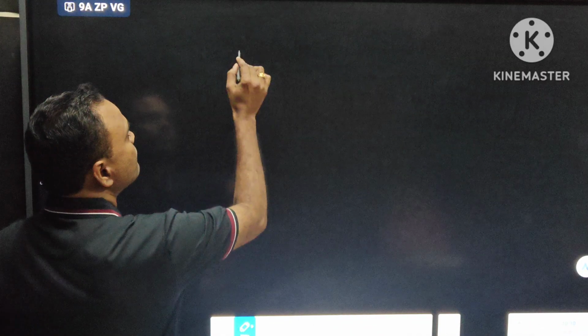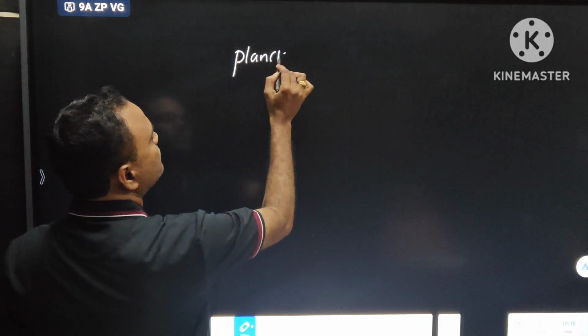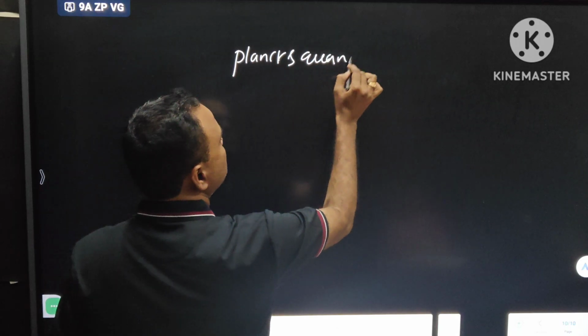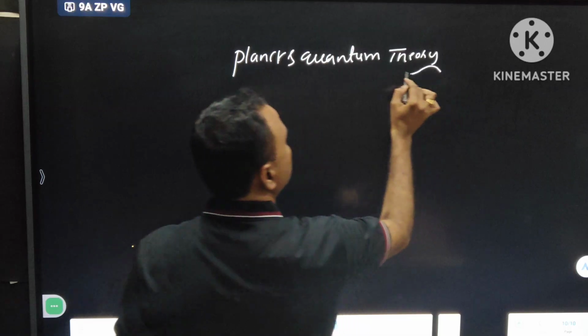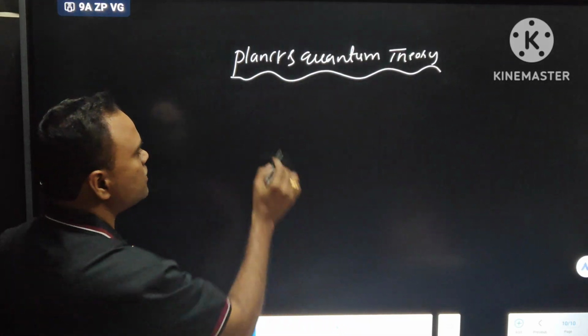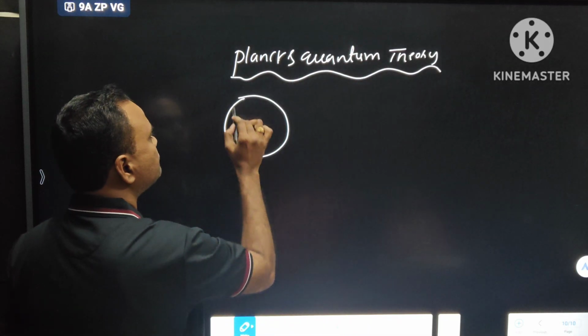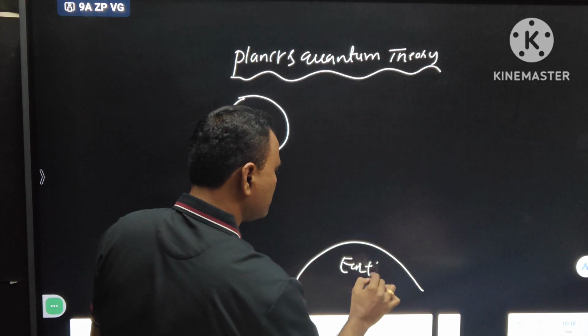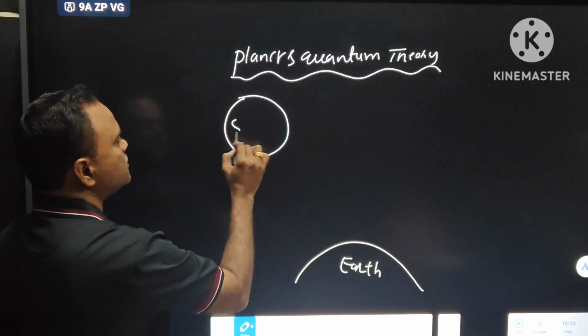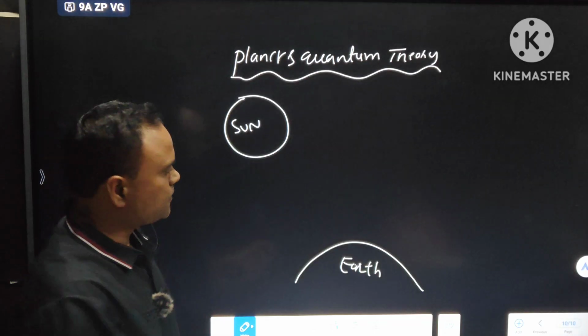Next, Planck's quantum theory. According to Planck, this is Earth, this is Sun.